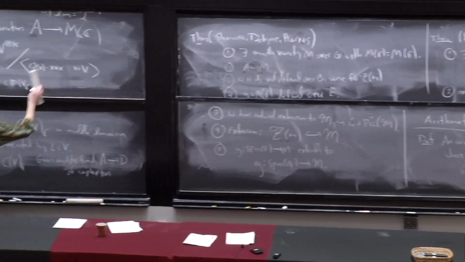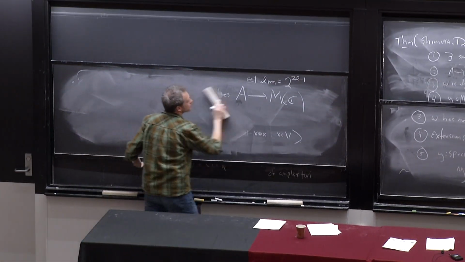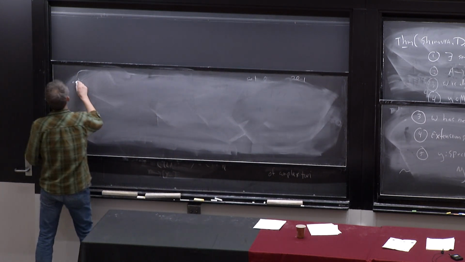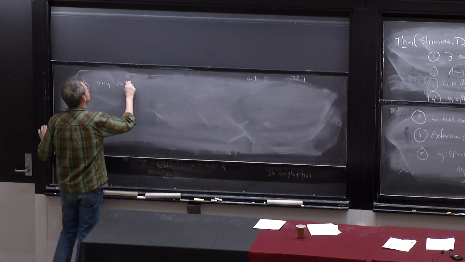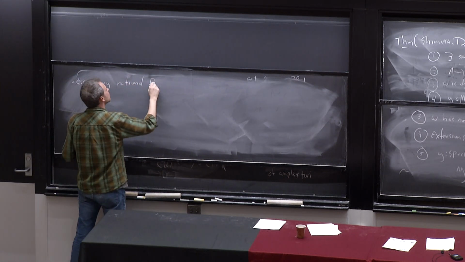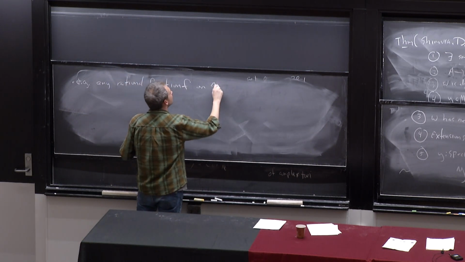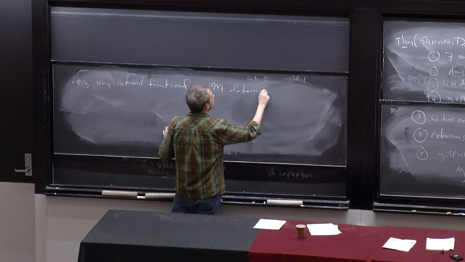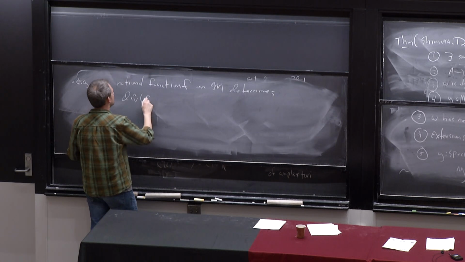Now, the simplest example of such a thing, for example, any rational function f on M determines an arithmetic divisor called div hat of f.